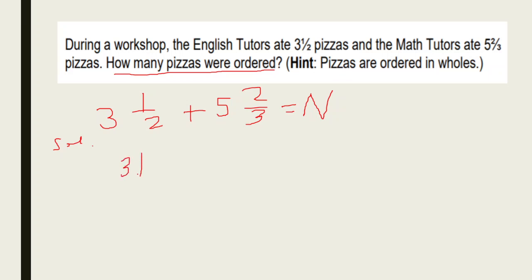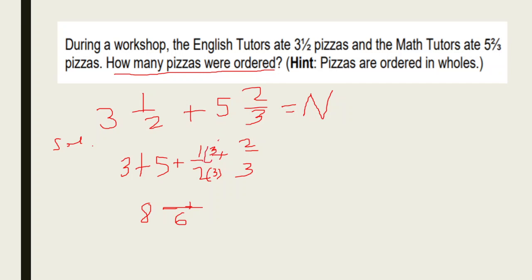So, 3 plus 5 and 1/2 plus 2/3. So, 3 plus 5 is 8. And having the LCD of 2 and 3, which is 6. So, 2 becomes 6. What you need to multiply? It is 3. So, you need also to multiply the numerator by 3.